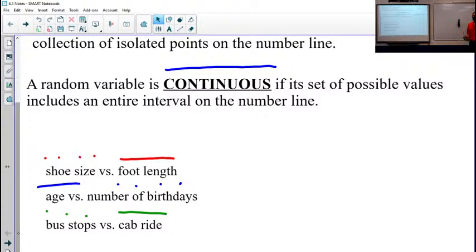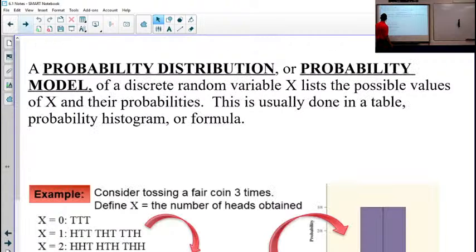You take a cab, and you can say, I want to go to this place, and they can take you there. It can take any value. That's continuous. But we're going to spend most of the time talking about discrete variables. We've already talked about some continuous stuff, and we'll look at it again at the end of this section, but we're going to spend most of this chapter talking about discrete variables.